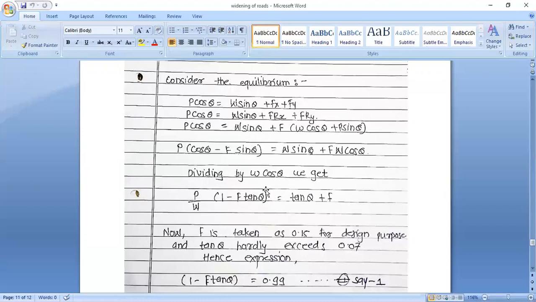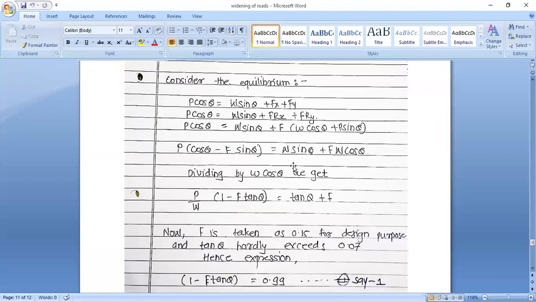Then dividing this equation by W cos theta, we get P cos theta divided by W cos theta. The cos theta gets cancelled, so we have P by W, and then 1 minus F sin theta divided by cos theta, which is tan theta. So P by W into 1 minus F tan theta is equal to W sin theta divided by W cos theta.